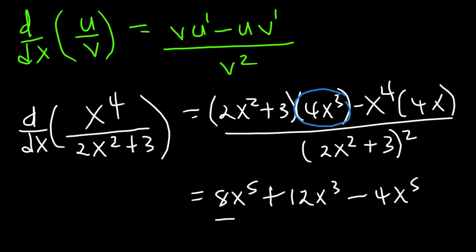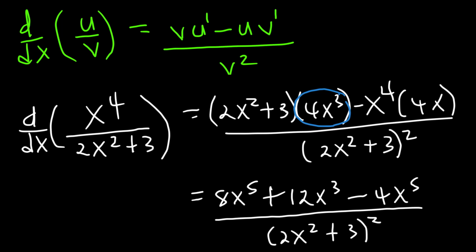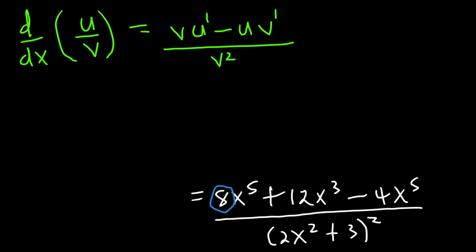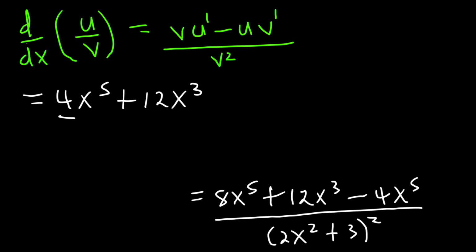And then this will be divided by 2x to the power of 2 plus 3 raised to the power of 2. Now 8 minus 4 will give us 4, so this will be equal to 4x to the power of 5, and then plus 12x to the power of 3, and this will be divided by 2x to the power of 2 plus 3 raised to the power of 2.